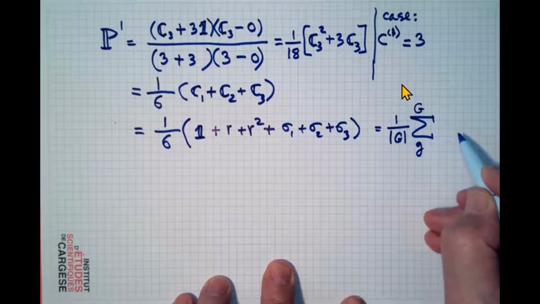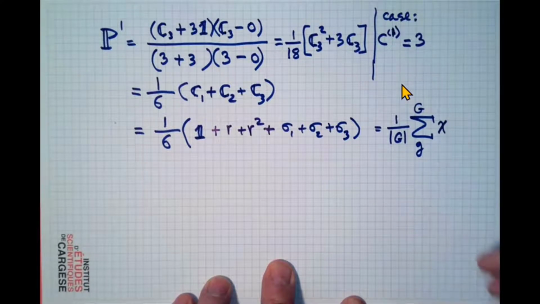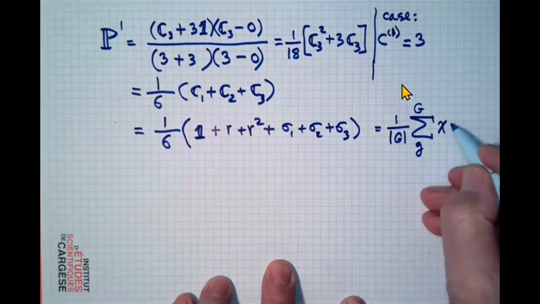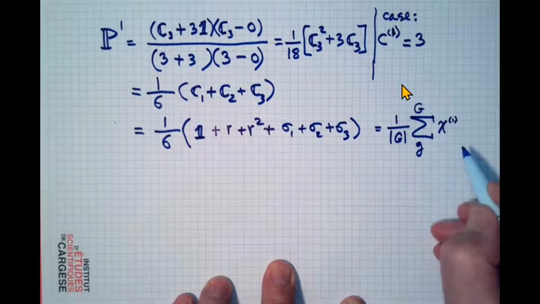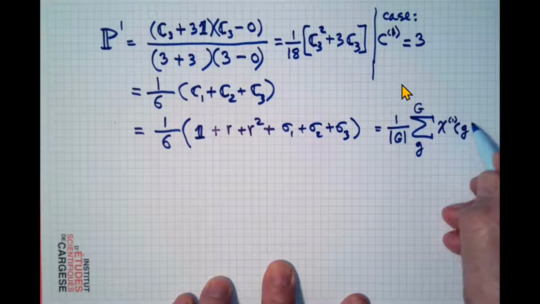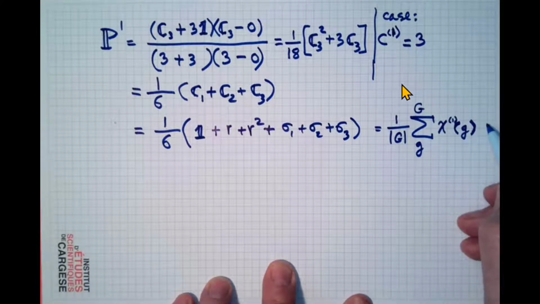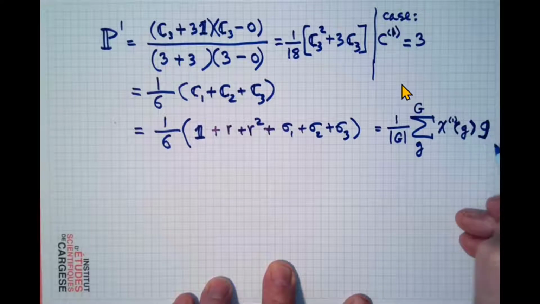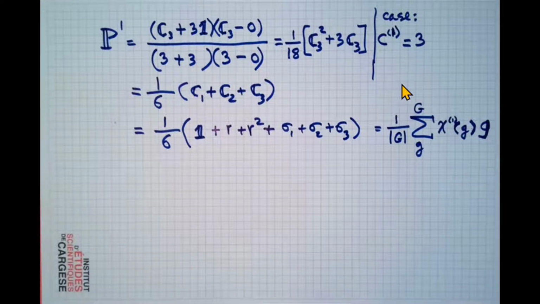And each one of them gets a character of the first representation of the corresponding group element times the group matrix. So this is a trivial case where all characters are 1. So that representation always exists.